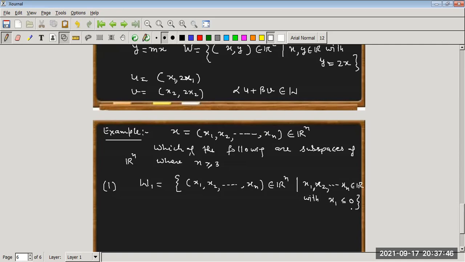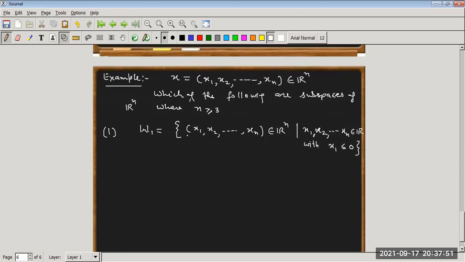X1 is less than or equal to 0. So if the first entry is less than or equal to 0, we have to show whether W1 is a subspace or not.